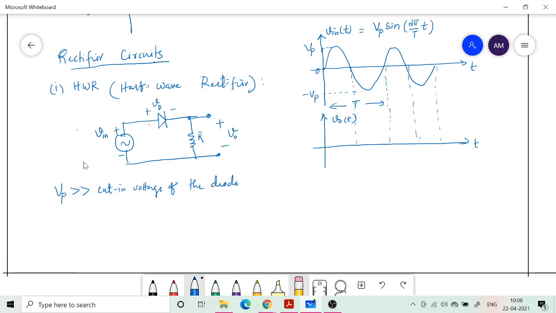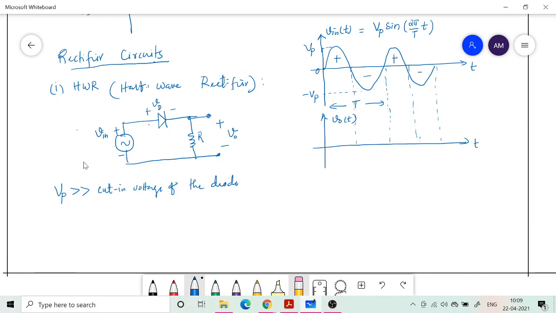Any forward bias voltage, even if it is a millivolt, will make it function like a closed switch. So during the positive half cycle, it is a closed switch. I can redraw the circuit for the positive half cycle and the negative. This is the positive half cycle, and this is the negative half cycle.